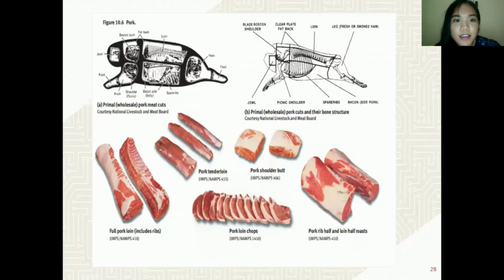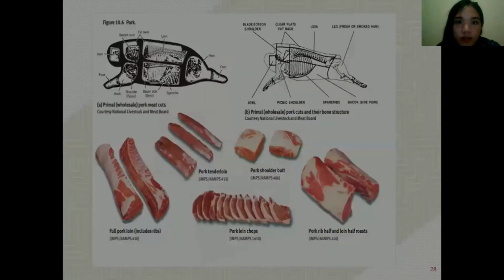Next is the pork meat cuts and its bone structure, under which you can have the full pork loin or the included ribs, the pork tenderloin, the pork shoulder butt, and the pork loin chops, the pork rib half and loin half roast.